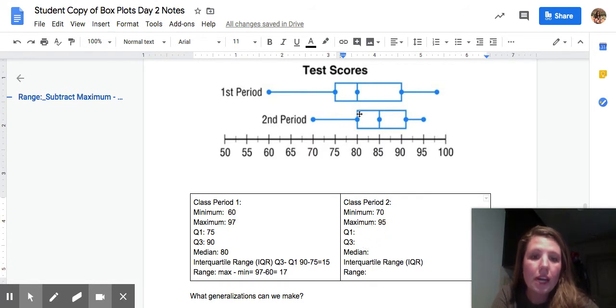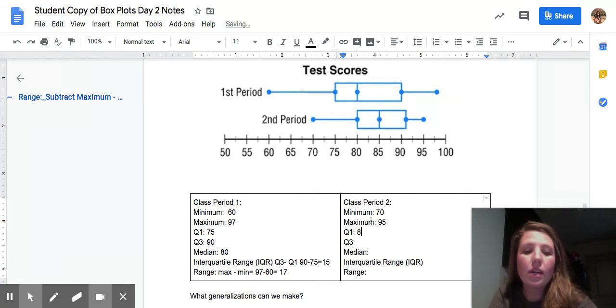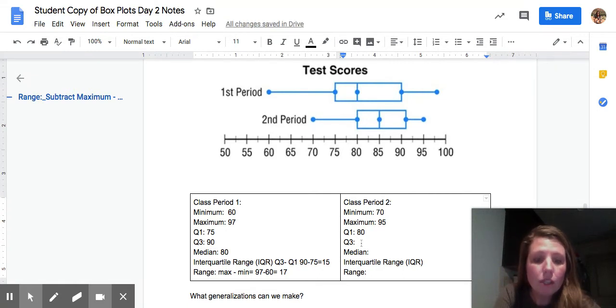The quartile 1, of course, is still this line. So quartile 1 is an 80. Q3 right here, slightly above a 90, is probably a 91, let's say. And then my median for class 2 right here is an 85.